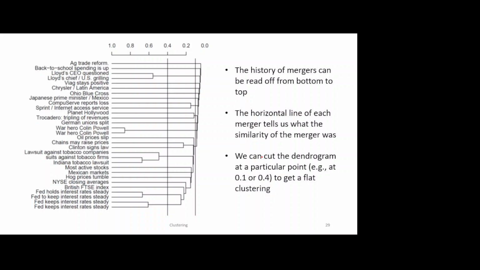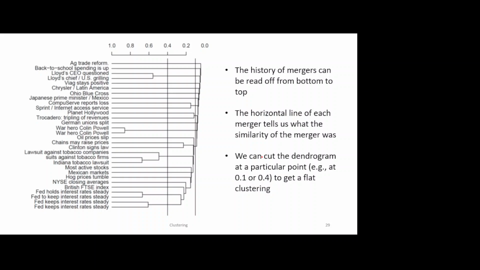Here you can see there are vertical lines. At 0.4 there's a vertical line. This vertical line can be used to set up a threshold. We can say, if the similarity is above 0.4, I use this vertical line, and you can divide the whole group into several clusters from their intersections.